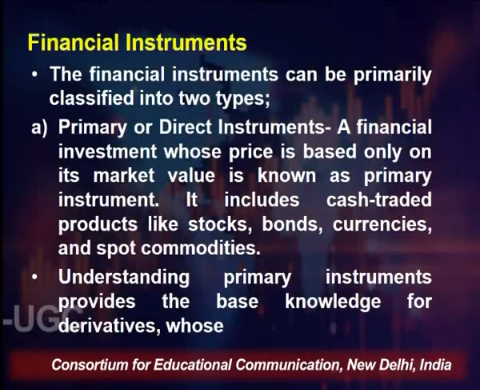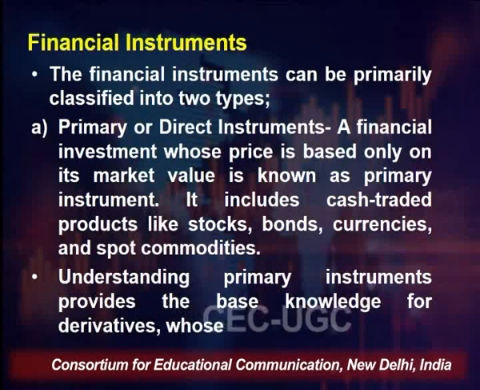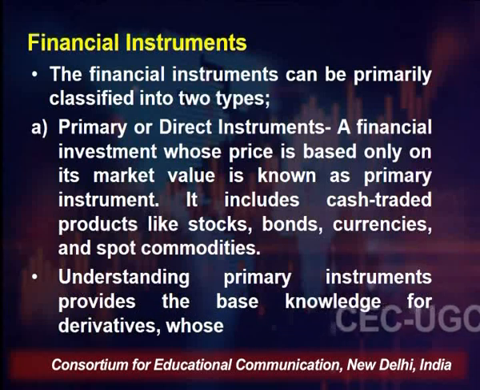The financial instruments can be classified broadly as primary or direct instruments. A financial instrument whose price is based only on its market value is known as a primary instrument. When I say market value, like shares, each day the shares are dealt in the stock market, so it is through the price discovery mechanism that the value of the share is discovered.